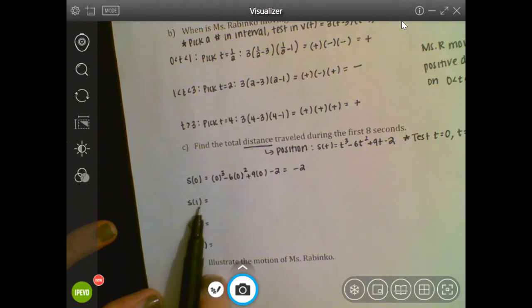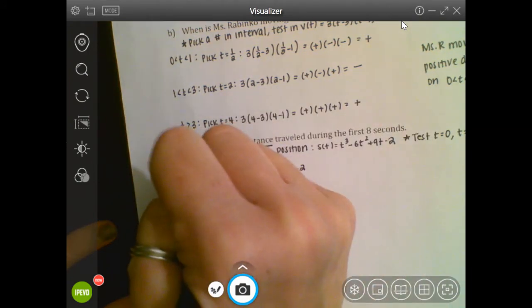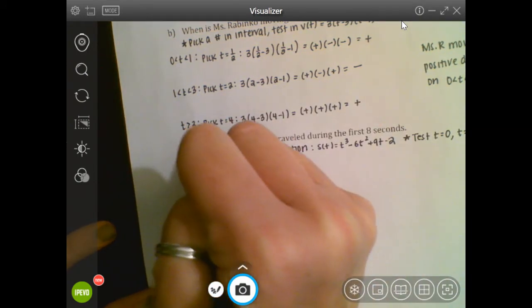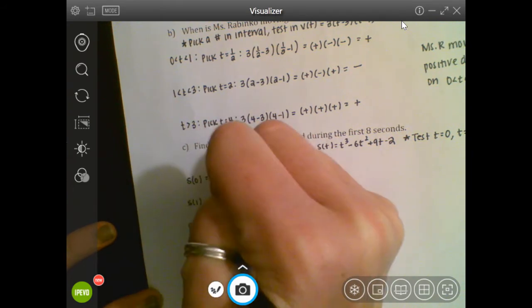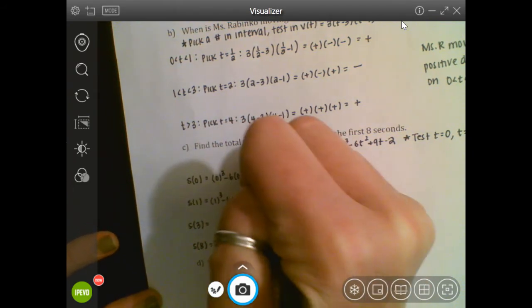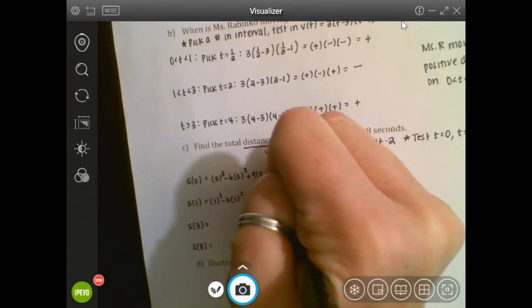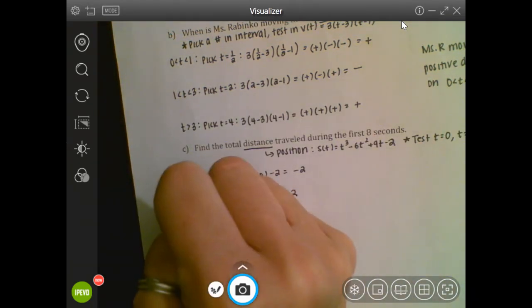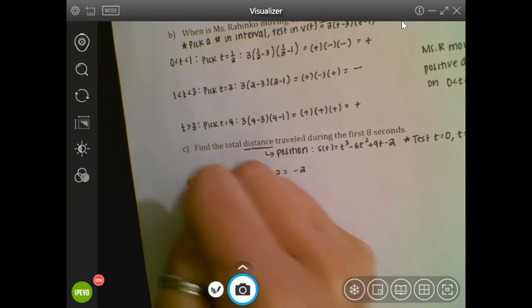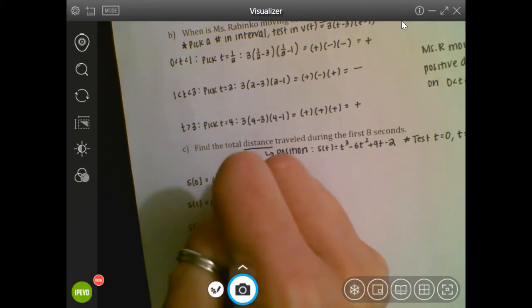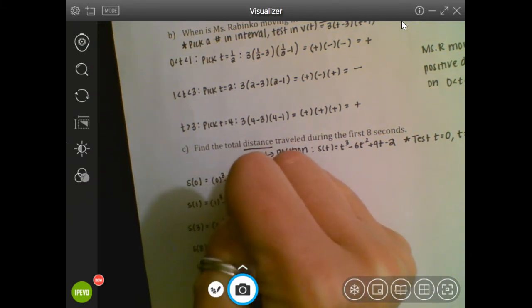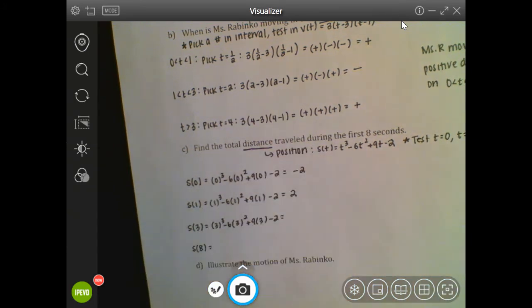And I'm going to do that for every single one of these values. So 1 to the third minus 6 times 1 squared plus 9 times 1 minus 2. So that's really 1 minus 6 plus 9 minus 2, which I think gives us 2. S of 3 is going to be 3 to the third minus 6 times 3 squared plus 9 times 3 minus 2.